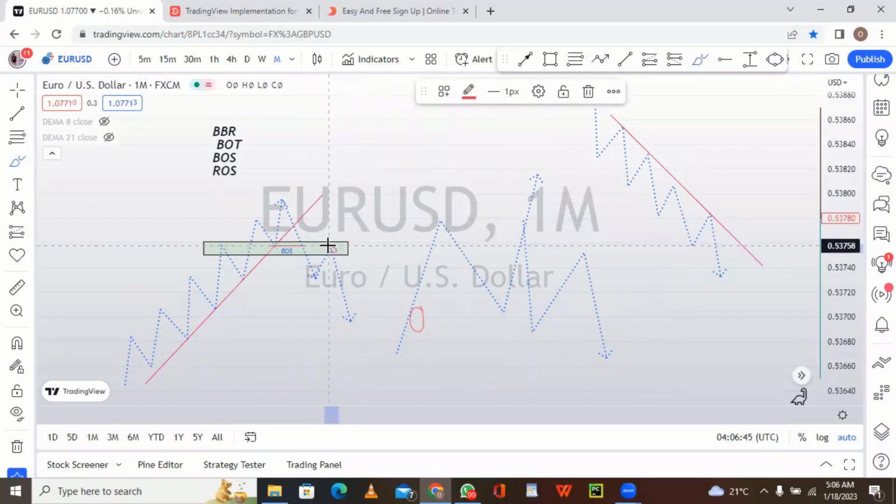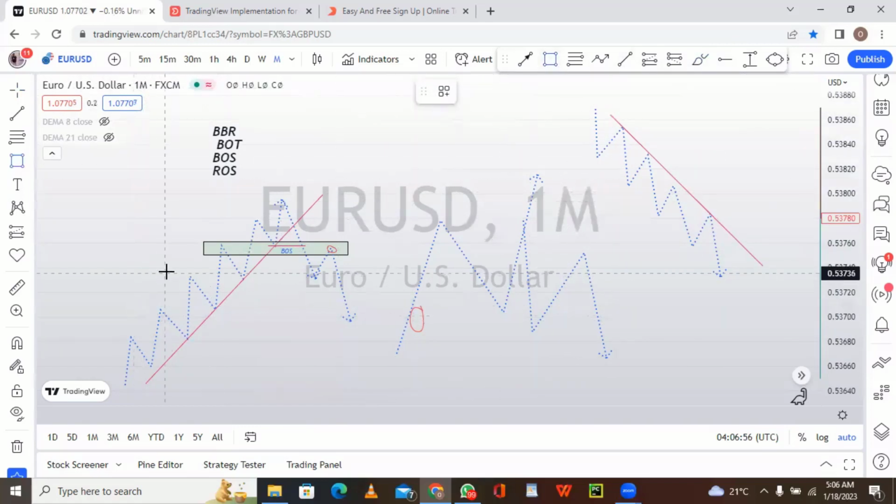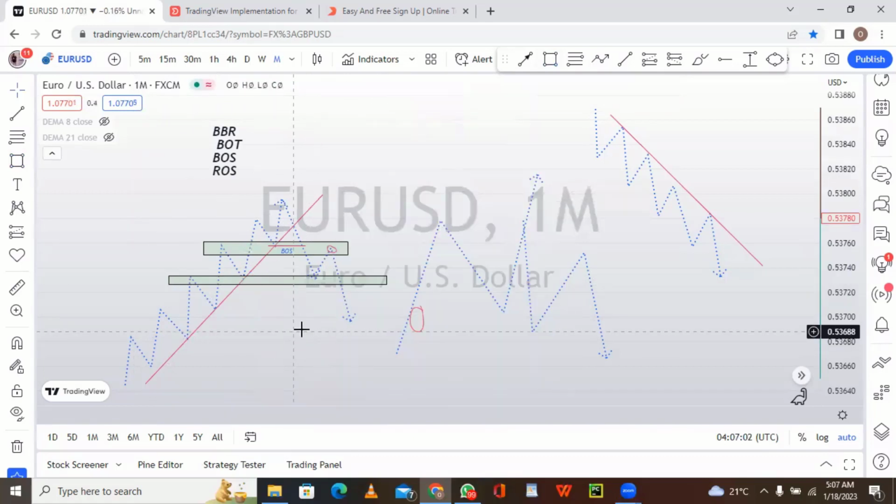And if you are a conservative trader who prefers to be very sure of what you want to see before placing an entry, you want to see another structure that will be broken. And for every broken structure, we expect a retest to that structure. So if you don't make an entry from here, you can actually wait for this structure to be broken.